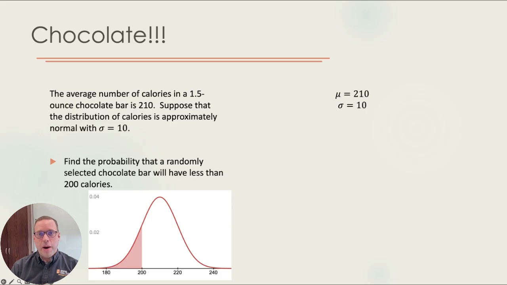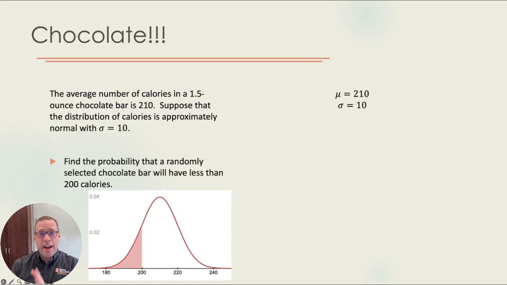Now you'll see on the bottom left-hand corner of your screen a graph with the left-hand side of the graph shaded in red. And that shaded area is less than 200. That's the area that we have in question. And notice the question is, what's the probability that the number of calories is less than 200?